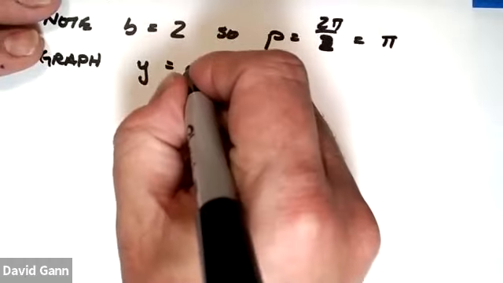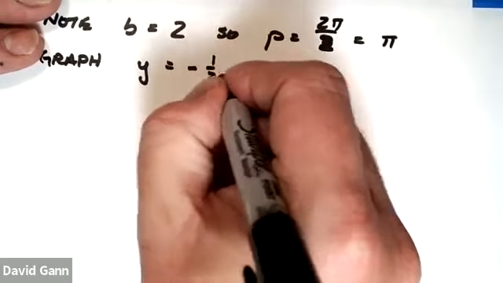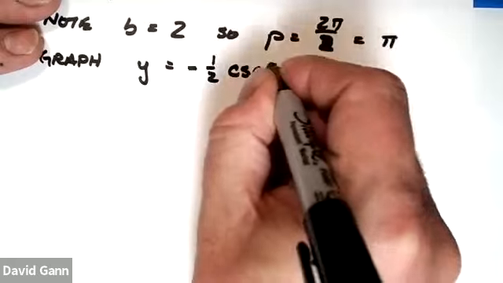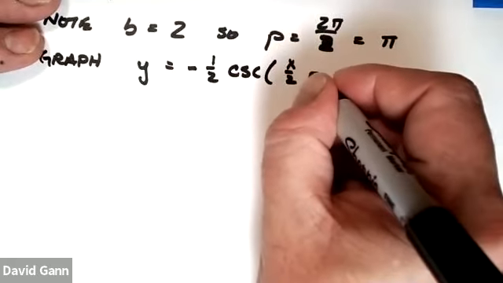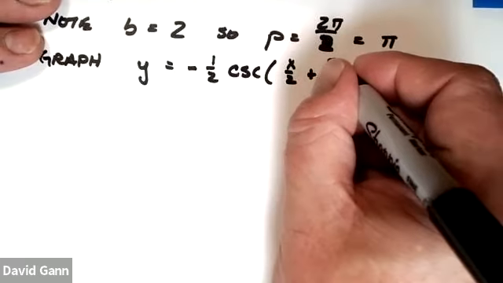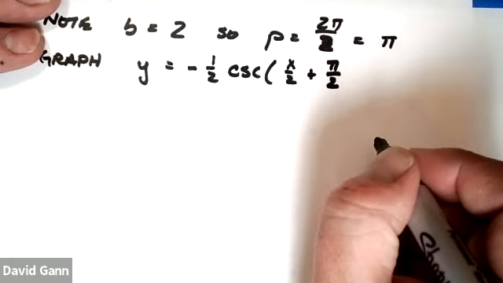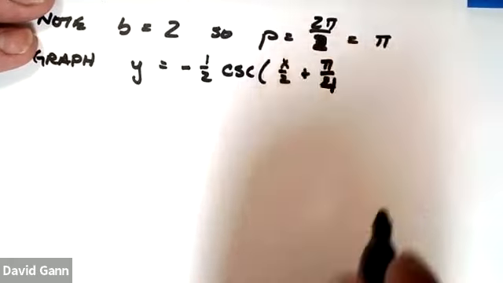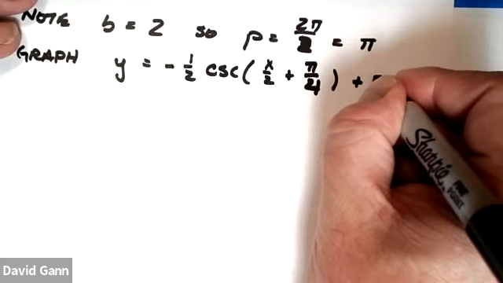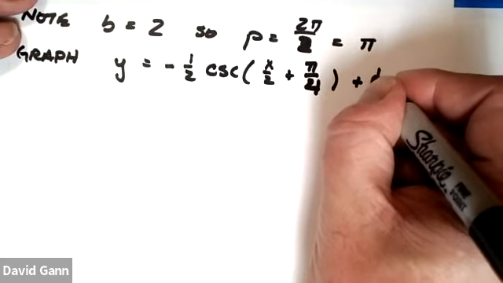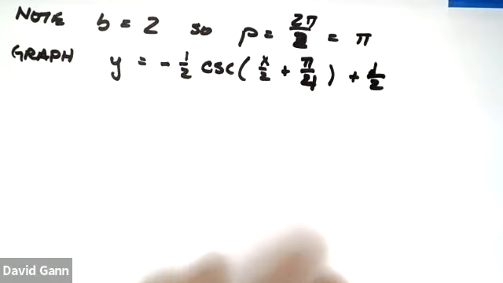So let's do negative 1/2 cosecant of x over 2 plus pi over 4. Okay, and then maybe we'll add 1/2. All right, so we got some fractions in there, we got some negative signs, we got all kinds of good stuff.